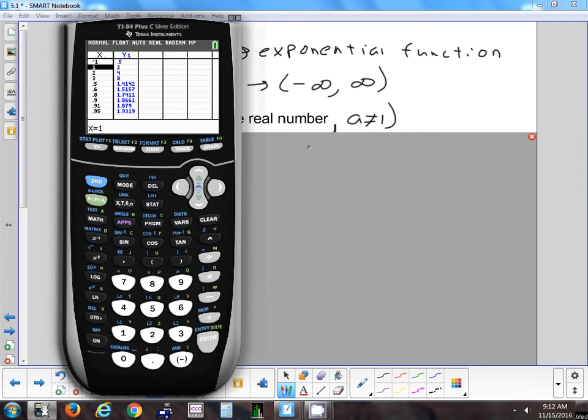If you do -1, you're at a half. -3, you're at roughly 0.1. -5, you're at 0.03. It gets close to 0 very, very quickly, but it will never reach it. Eventually, it's going to start to write it in scientific notation, so that's 0.0009. But you're right, there is a horizontal asymptote. You never reach 0.